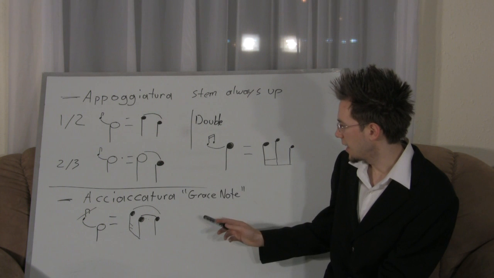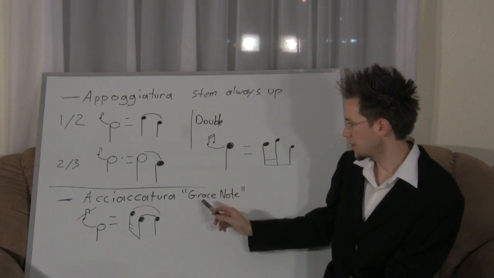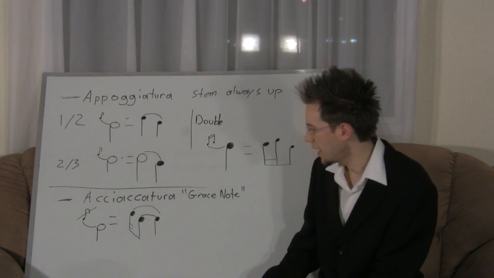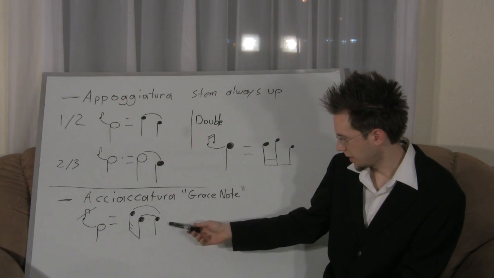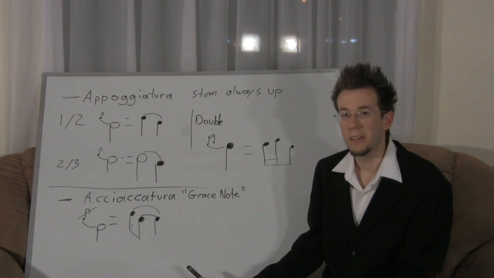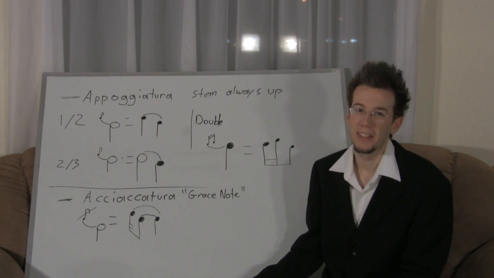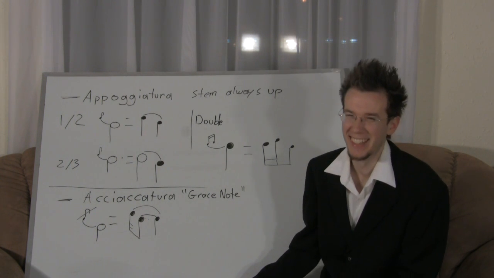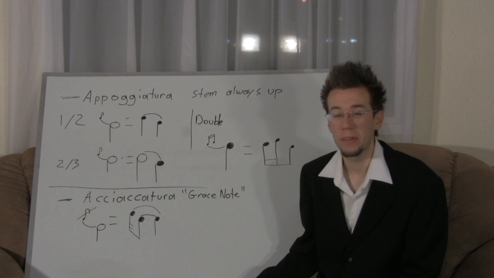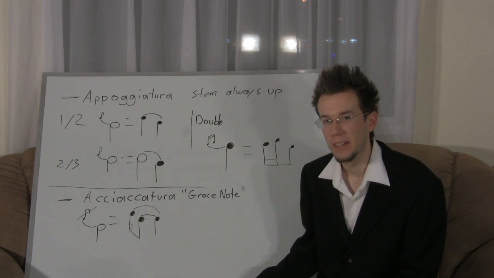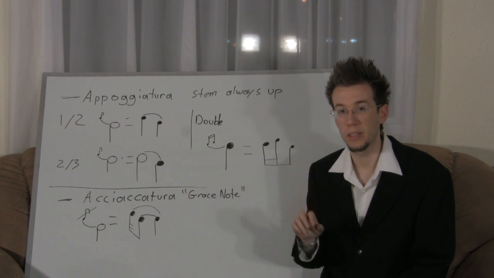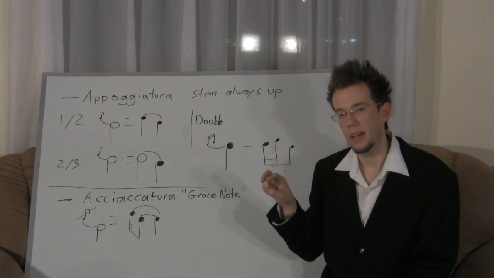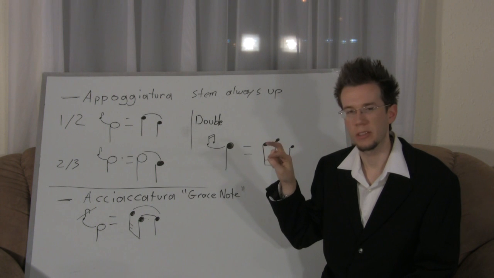Okay, now, moving down, we have the acciaccatura, or the grace note. Now, this one, I wrote an example, but look how complicated it looks. You could just say that you play it really, really fast. I've heard people call it a crushed note also, in the sense that you go dum dum dum. So it's just dum really quick. Sometimes you can even hit both of them at the same time and then just let go of the other one.